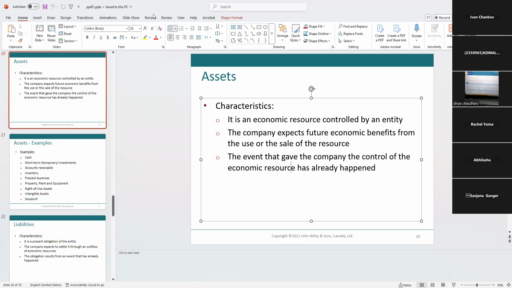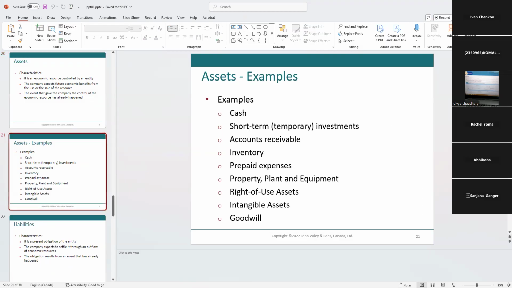Examples will be cash, short-term investments, accounts receivable, inventory, prepaid expenses, property, plant, and equipment, which we're going to talk more about in the next lecture next Friday, right of use, intangible assets, goodwill.